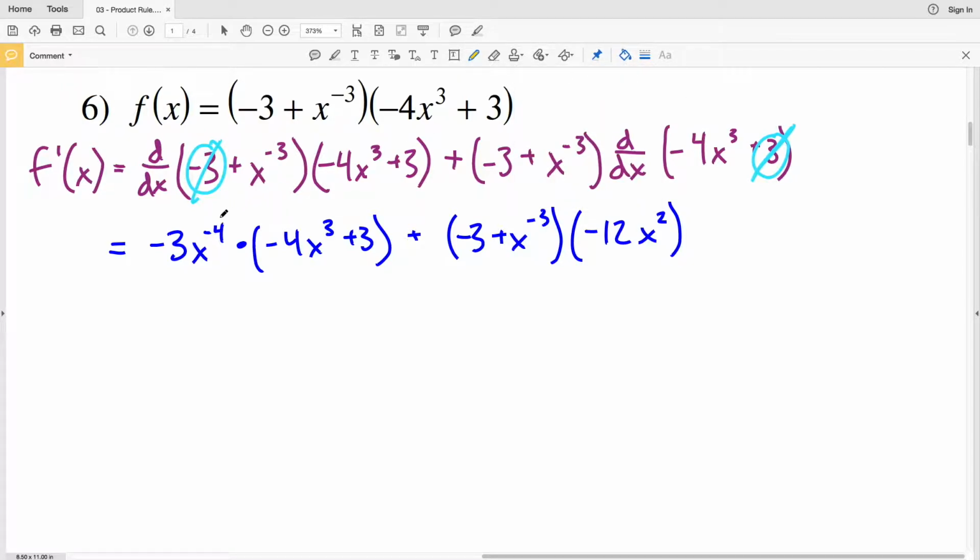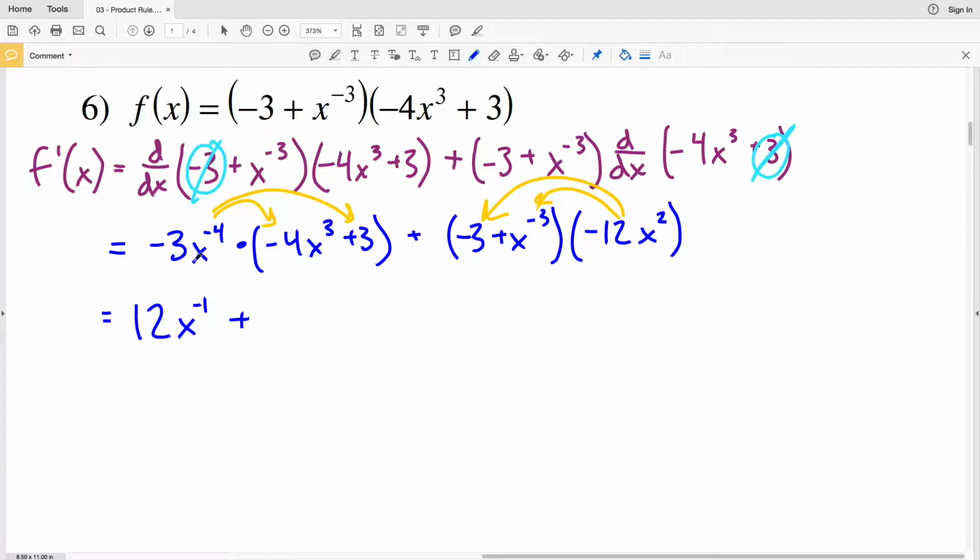Now on to the distribution. Distribute negative 3x to the negative fourth to two terms, and then negative 12x squared to two separate values. Negative 3x to the negative 4 times negative 4x to the third. Negative 3 times negative 4 is a positive 12, and then I'll have x to the negative 4 times x to the third, which is x to the negative 4, plus 3, which results in a negative 1.